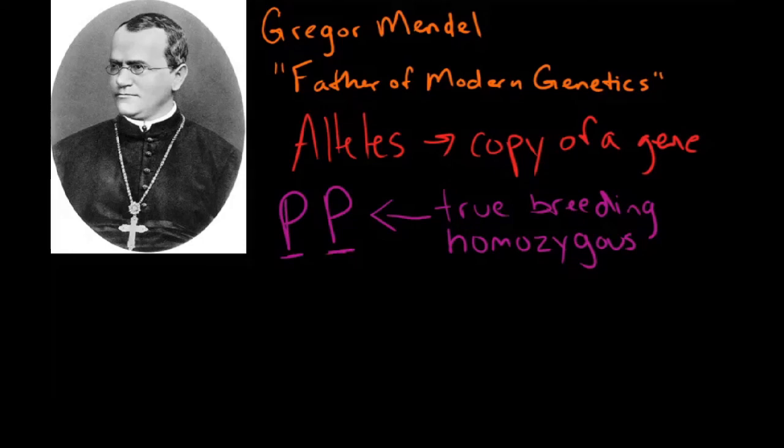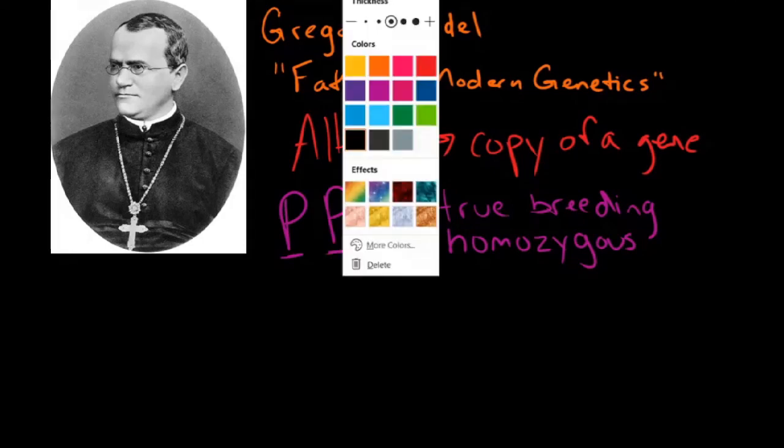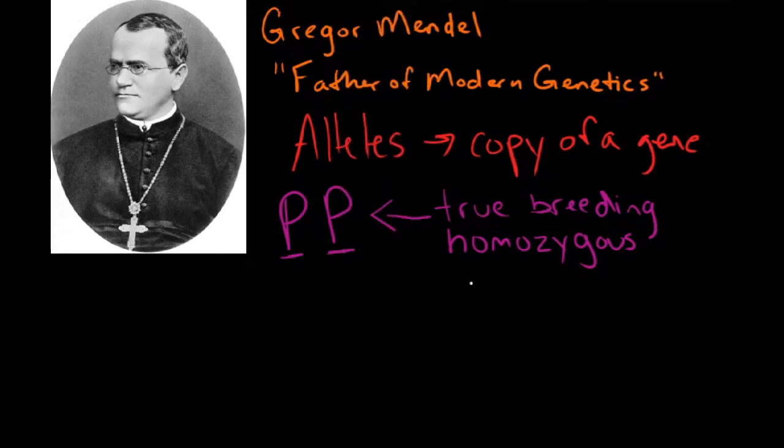Now, what if it was white? Okay, what if it was white? If it was white, we're going to stick with the same letters to show that these go together.